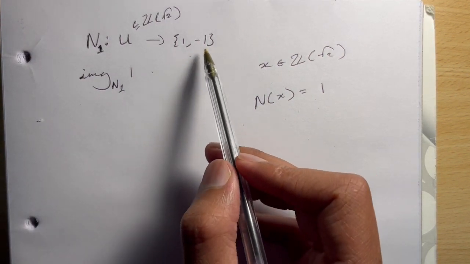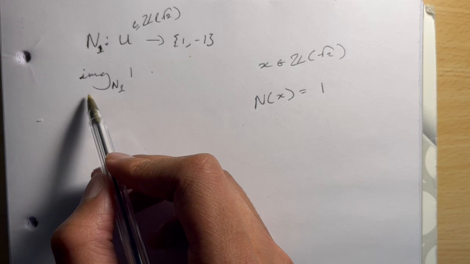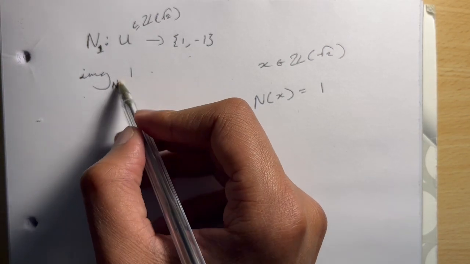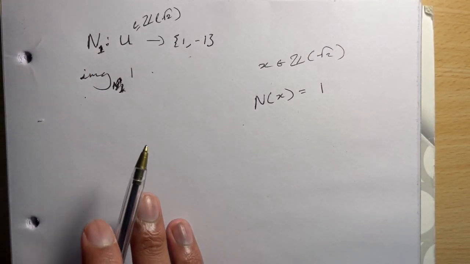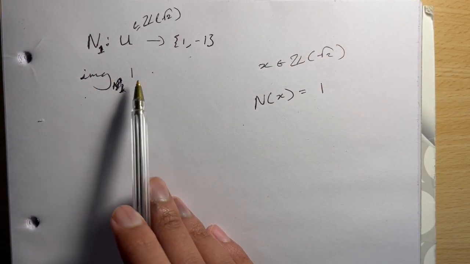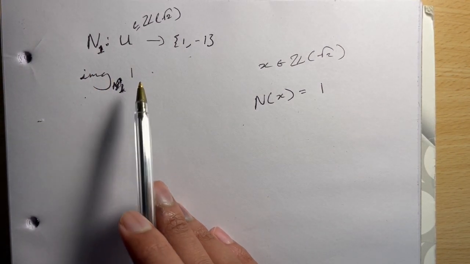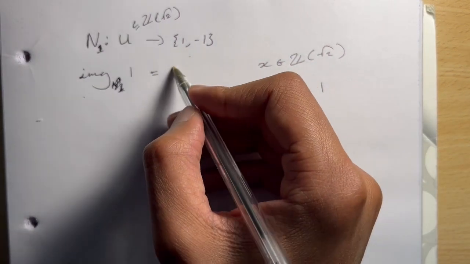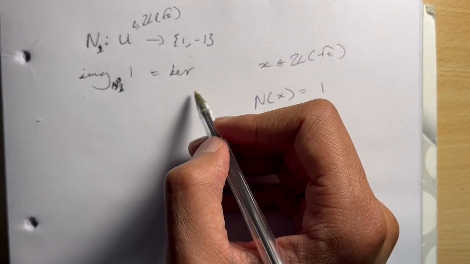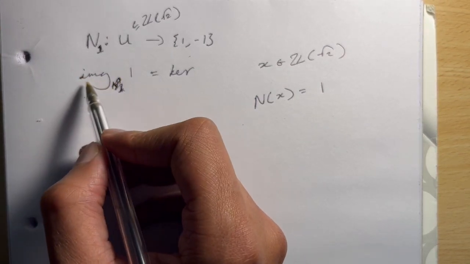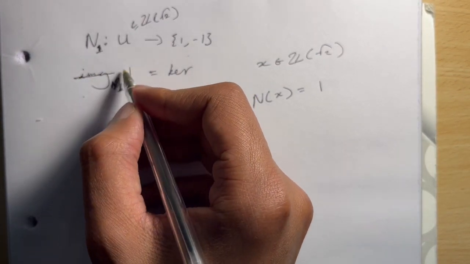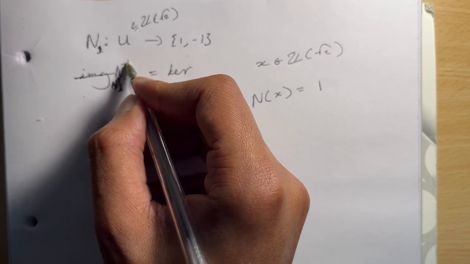Because 1 is a multiplicative identity, it's clear as we're talking about N1. Sorry, what we want is the pre-image, right? N inverse of 1.